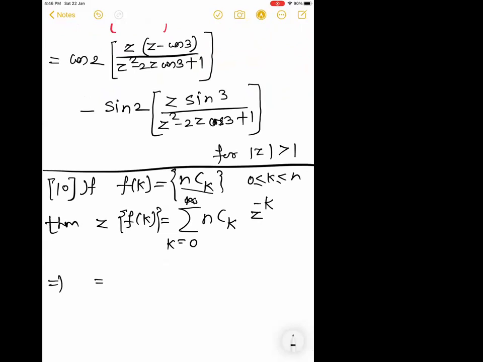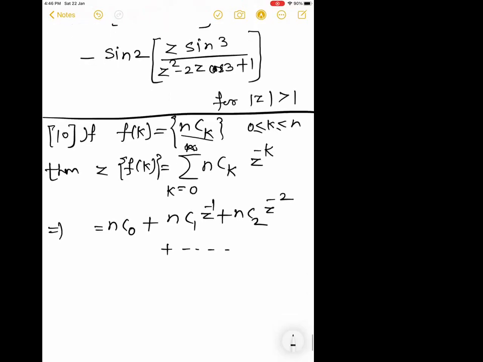So here for k equal to 0, that gives you NC0. If you put k equal to 1, NC1 Z raised to minus 1. If you put k equal to 2, this is NC2 Z raised to minus 2, and so on. As you can see, this is nothing but a binomial expansion.